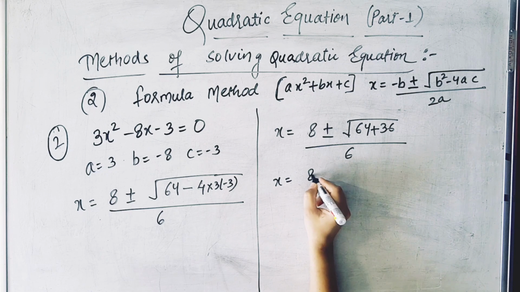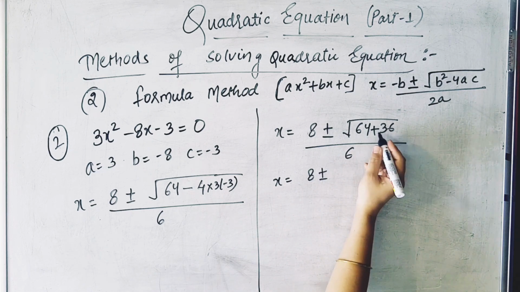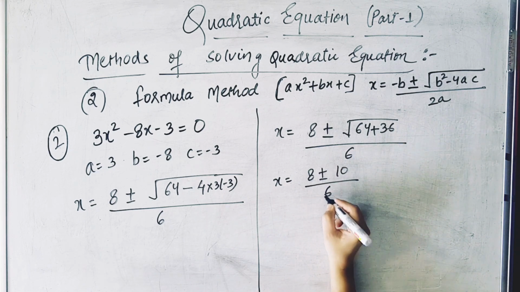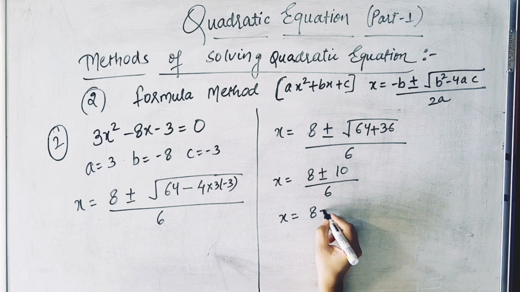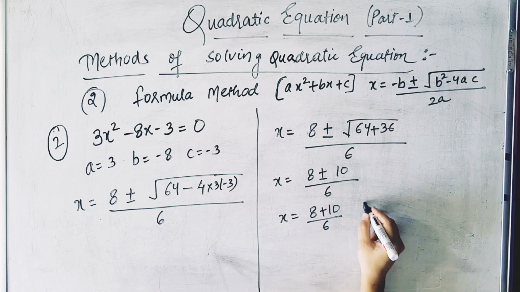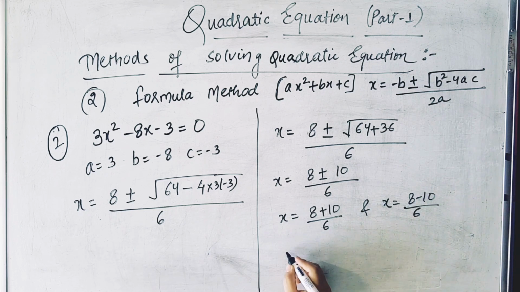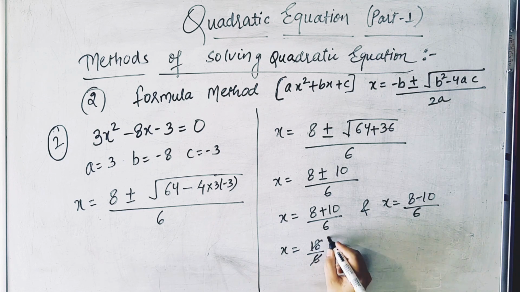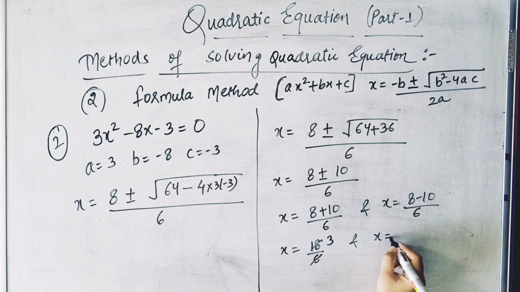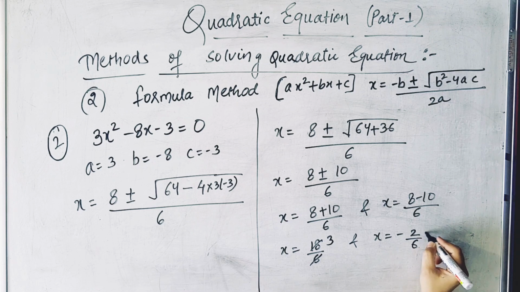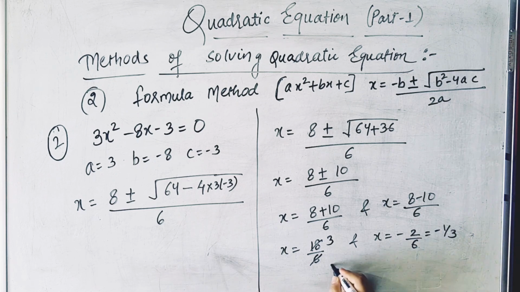So x is equal to 8 plus minus square root of 100, so that is 10. So once we'll take the plus sign as I told earlier, and once we'll take the negative sign and solve. So here we'll get x is equal to 18 by 6, thus 6 3s are 18, and here we'll get x is equal to minus 2 by 6, that is minus 1 by 3. So the answer is 3 and minus 1 by 3.